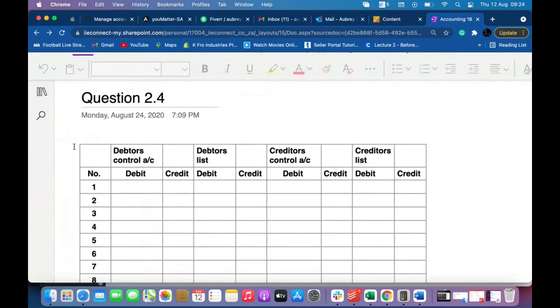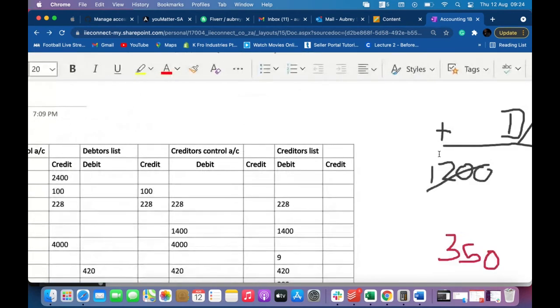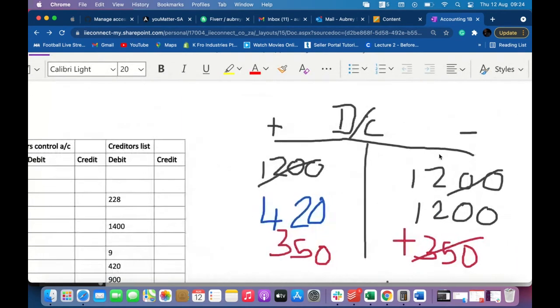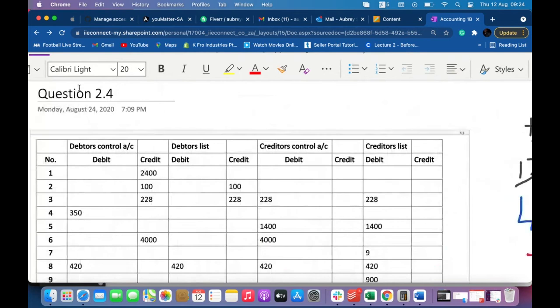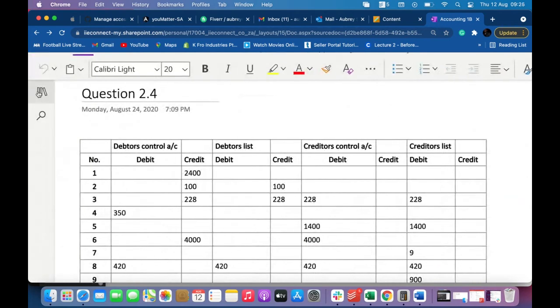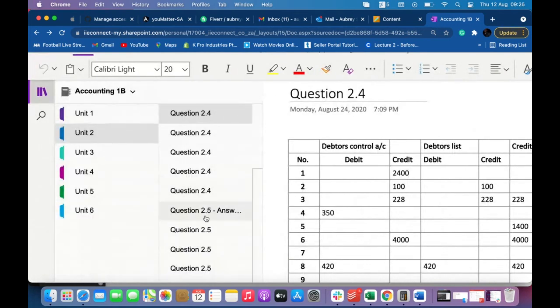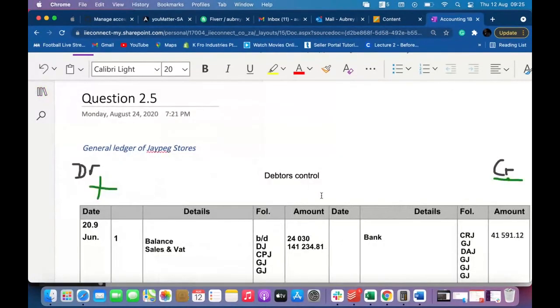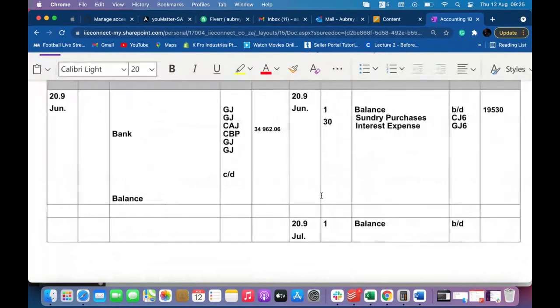Oh goodness me. Okay, so this is where we were.